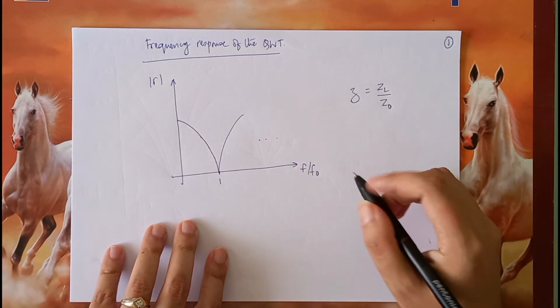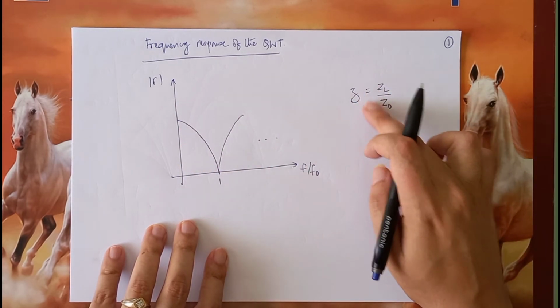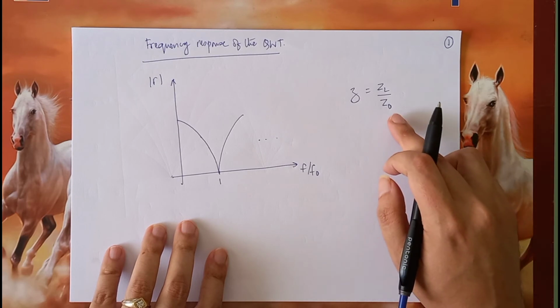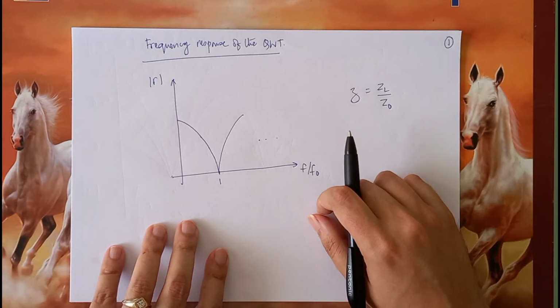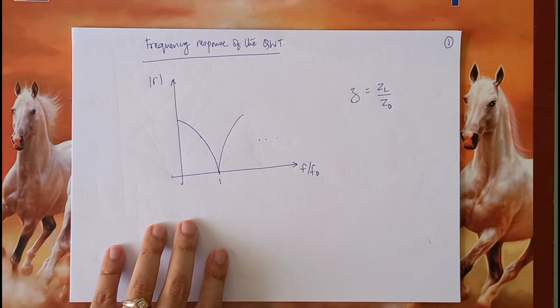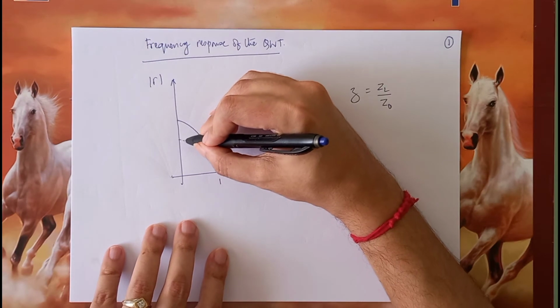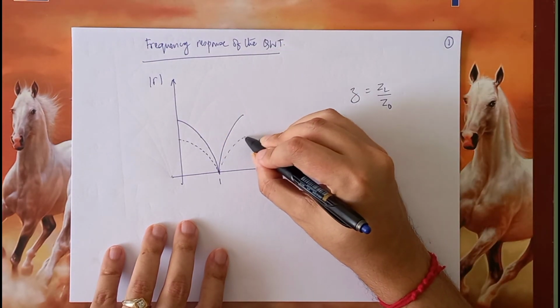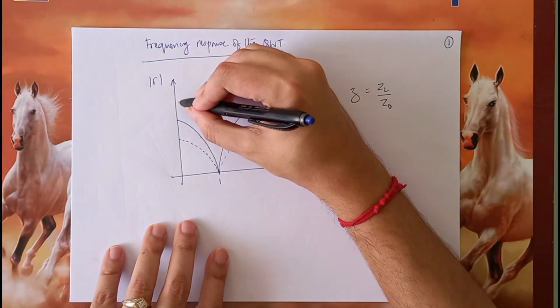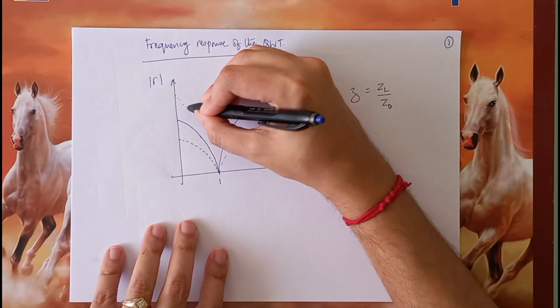What we saw was essentially, as the value of ZL goes further and further away from Z0, either higher or lower, it does not matter, then this increases. So we essentially saw something like this. While the minima point does not change, the maxima indeed changes. So something of this kind.